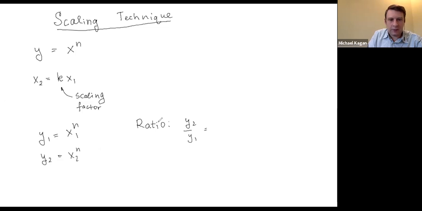Let's take this, divide by this, x2 to the n over x1 to the n, which is the same as x2 over x1 to power n, right? And then this ratio is exactly the scaling factor, k. So y2 over y1 is simply the scaling factor to power n.